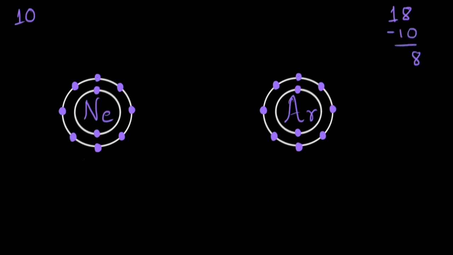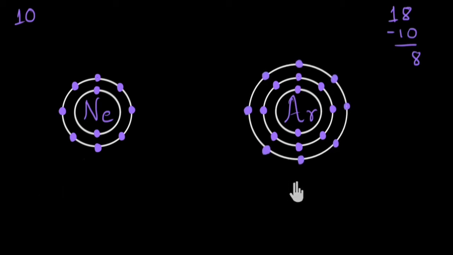In the third shell, all our 8 electrons will be accommodated. And here you can notice that even in argon's outermost shell or the valence shell, we have 8 electrons. In fact, all noble gases except helium have 8 electrons in their outermost shell.